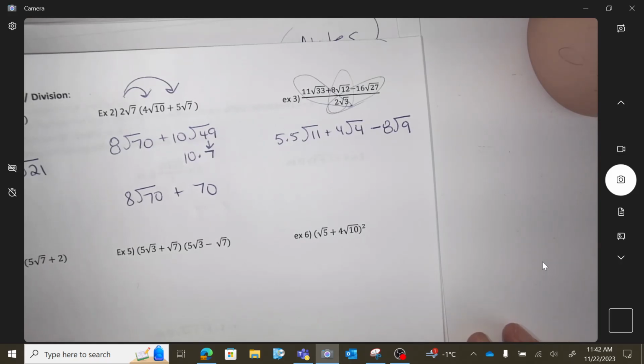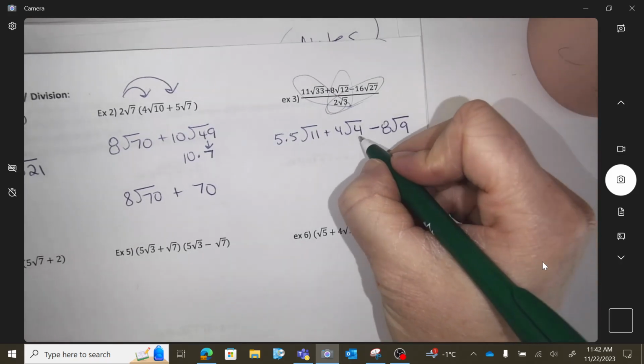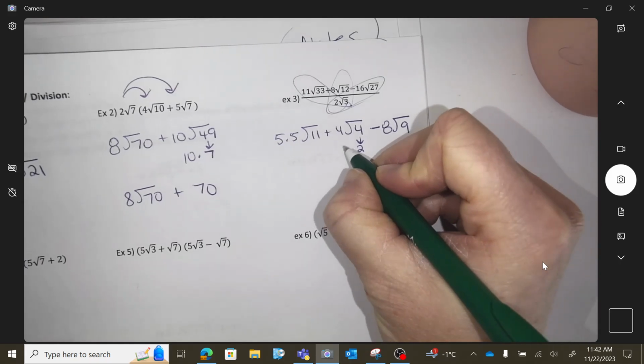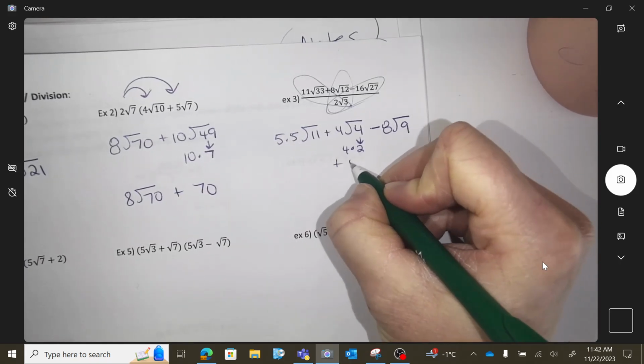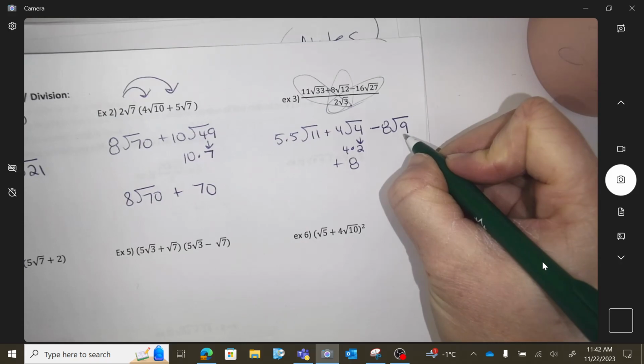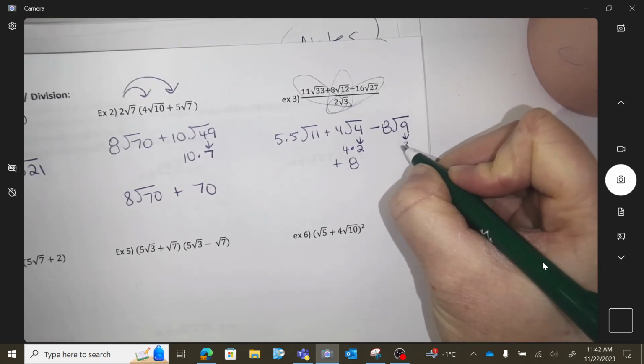Okay, there's more to go here. I can break down some stuff. I can see a root 4. I can see a root 9 in here.